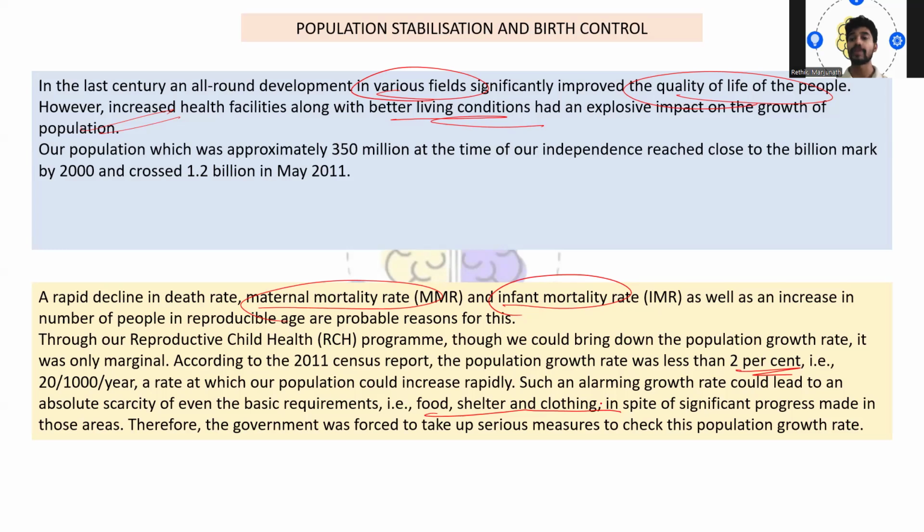It is not possible. Even if I try to distribute only five chocolates among all 40 students, it will lead to scarcity. Nobody is going to enjoy the chocolate taste. Same thing: if the population is more, then obviously it will lead to scarcity of food, shelter, as well as clothing.